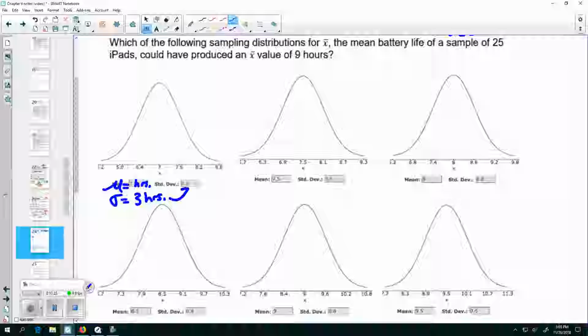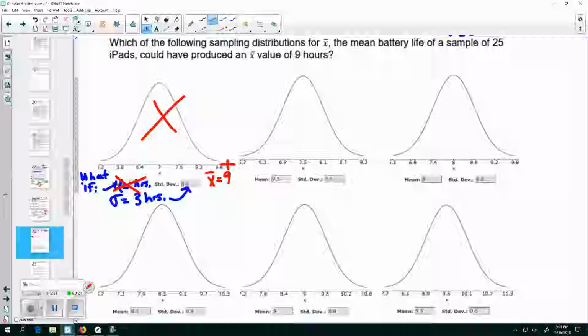And 3 over the square root of 25 is where that 0.6 comes from. So it's a what if. What if mu was 7 hours and sigma was 3 hours? Would it be plausible that we get a sample mean of 9? Most of us would say probably not. So we would rule out a population mean of 7 hours because it's too far away from our sample mean.